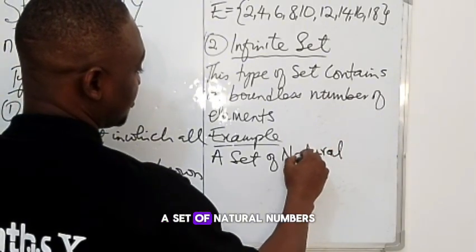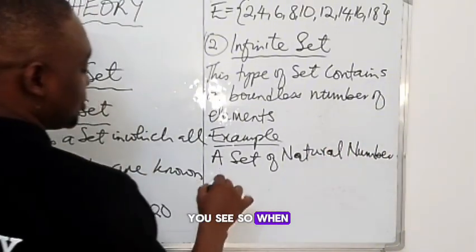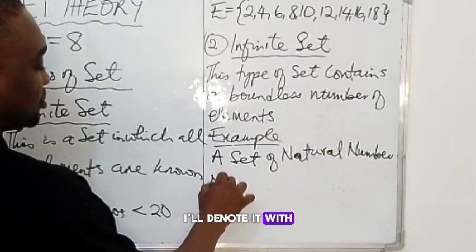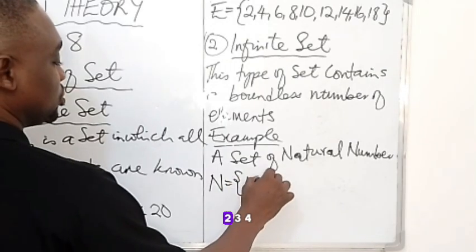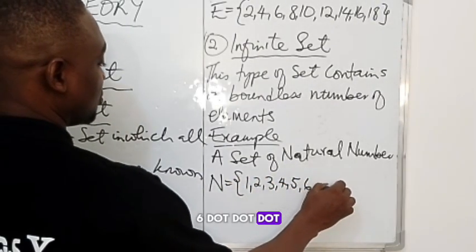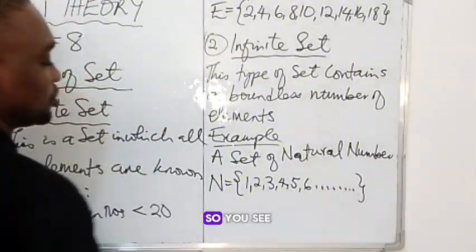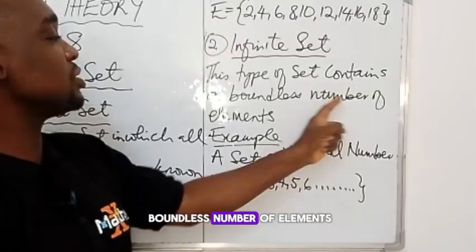When I say natural numbers, I'll denote it with the letter N. So here I go. I have 1, 2, 3, 4, 5, 6, dot, dot, dot. So you see, it says that this type of set contains a boundless number of elements.